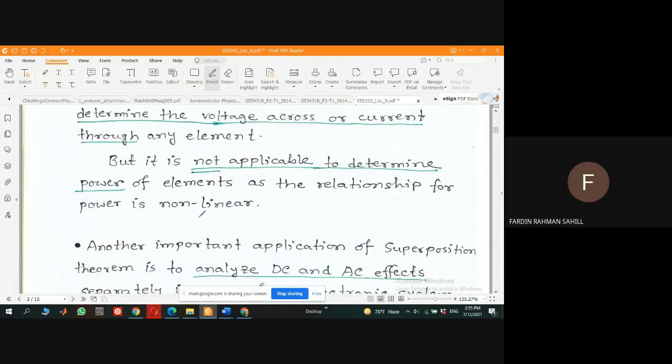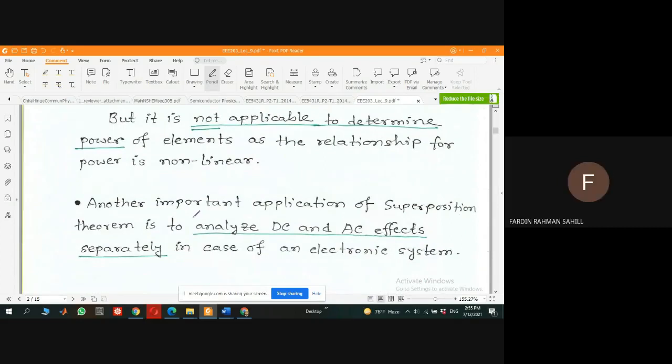Sir, what do you think? No, sir, it will not be, because the relation is not linear, so we cannot write down the equation in linear form.